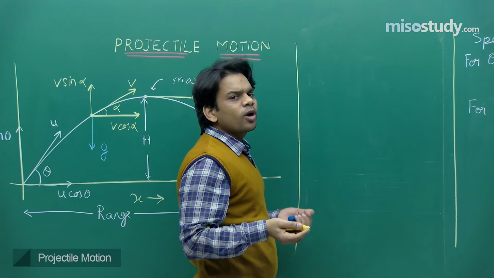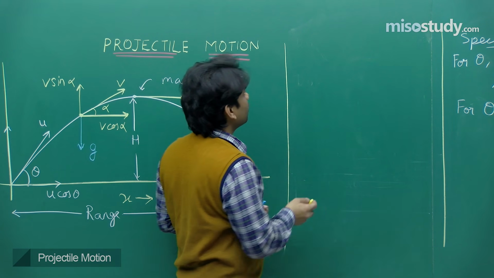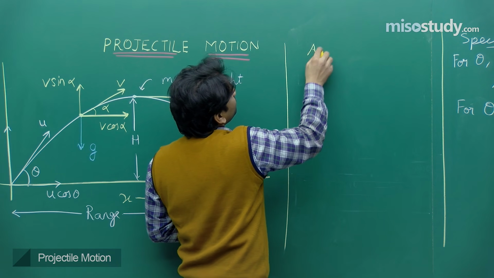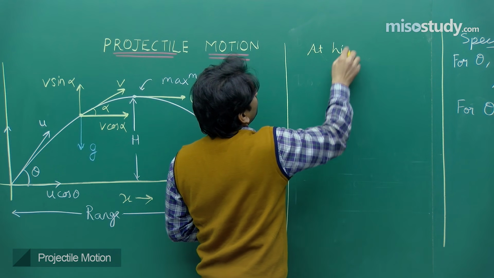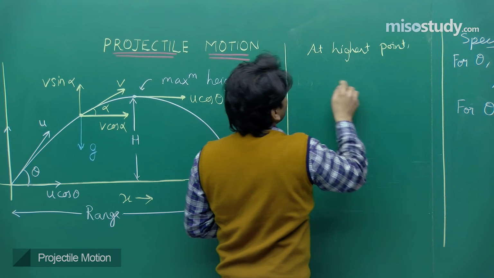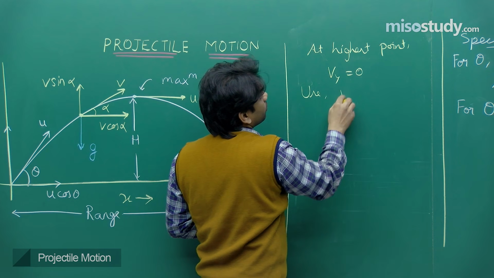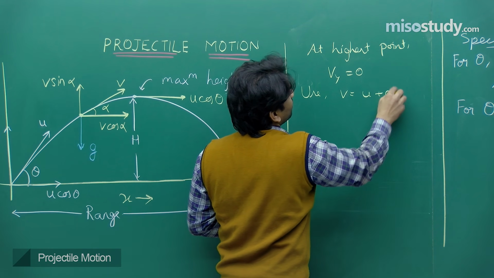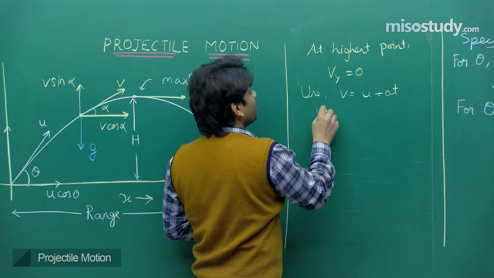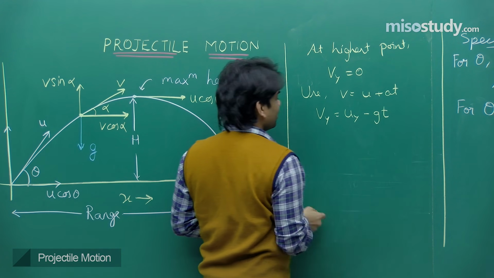Now at maximum height, what is happening? The vertical velocity is becoming 0. Let's put vertical velocity as 0. So at the highest point we have Vy equals 0. Use v equals u plus at. We know Vy will be written as uy minus g t.